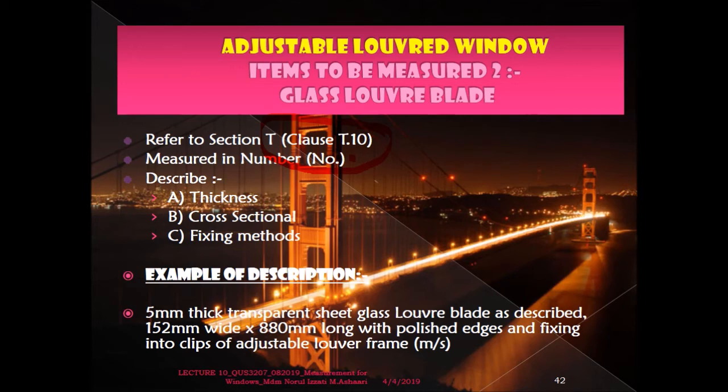This is the difference, because you have to measure this item in number, describing the thickness, for example 5 mm thick, the cross-sectional size of the glass louver blade, and how you want to install it. This is the example where you have to fix it into the clip of the adjustable louver frame, so that once you open it using the handle, the whole glass louver will be considered as open.